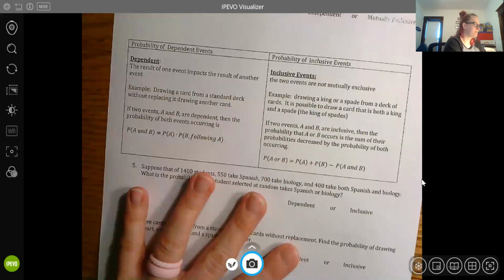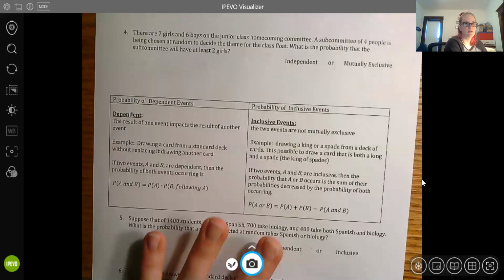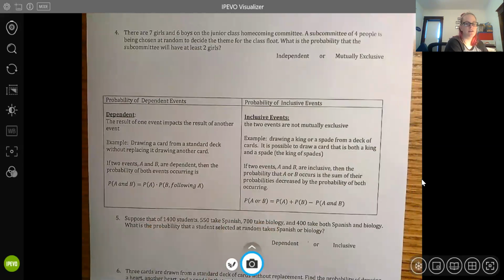All right, so probability. There are 7 girls and 6 boys in the junior class homecoming committee. A subcommittee of 4 people is being chosen at random and decides the theme for the class float. What's the probability that the subcommittee will have at least 2 girls?